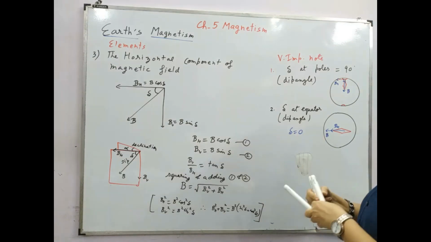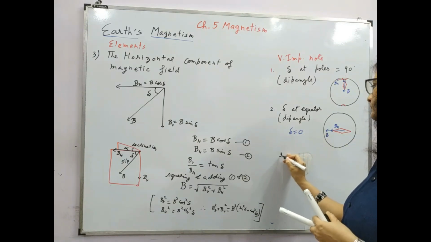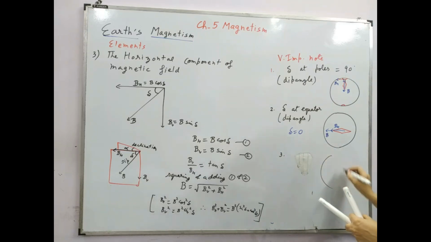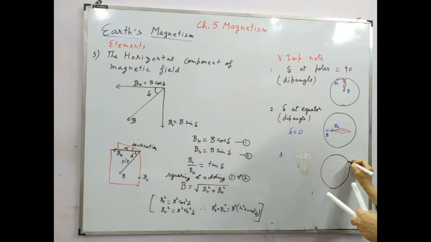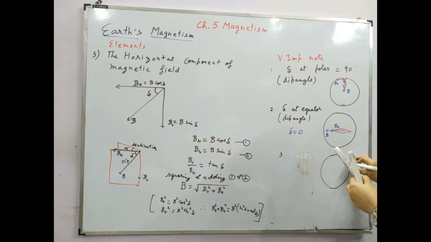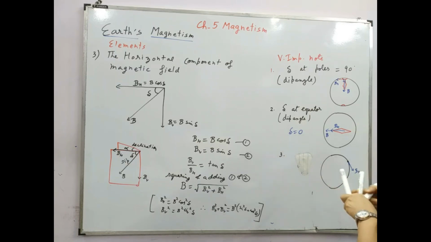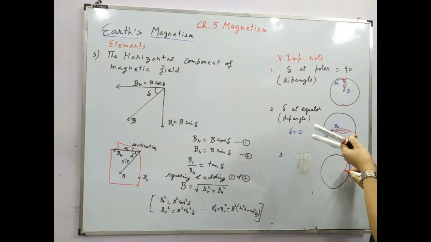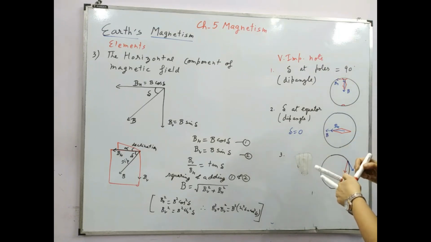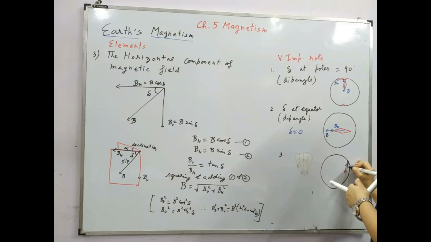If I consider any arbitrary point on Earth's surface, suppose I consider this. So at this point, the horizontal component will be parallel to the surface, and suppose the net magnetic field is along this direction, because our magnetic compass needle is pointing suppose in this direction.